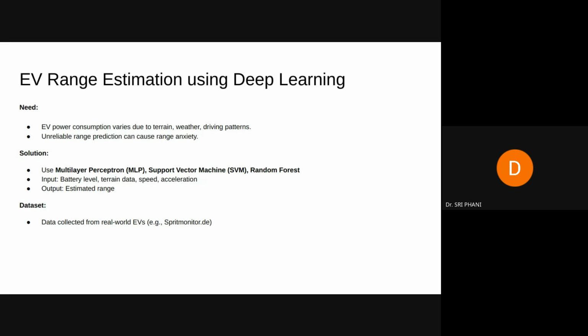We used multi-layer perceptron, support vector machines, and random forest, and it was identified that random forest gives a good value. The data set used is sprintmotor.de. This is an open source data set with which anyone can try out. Of course, there are more prominent data sets available, but these are the experiments we did in our lab.